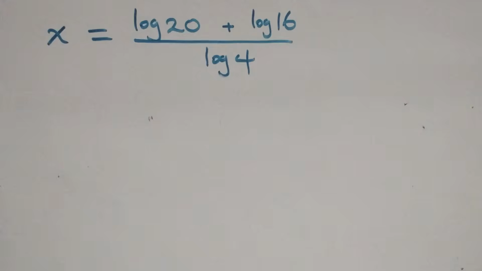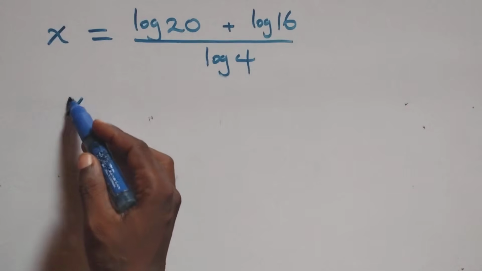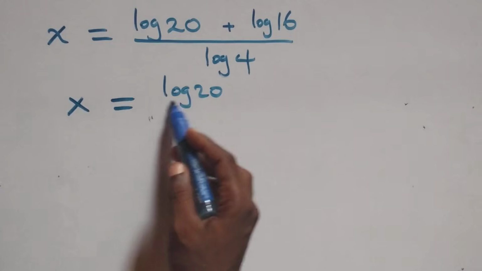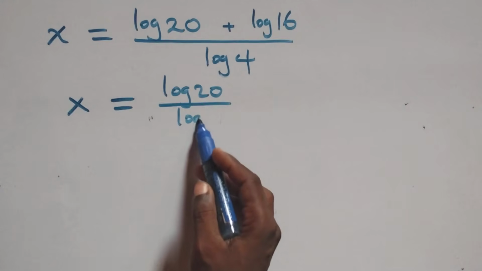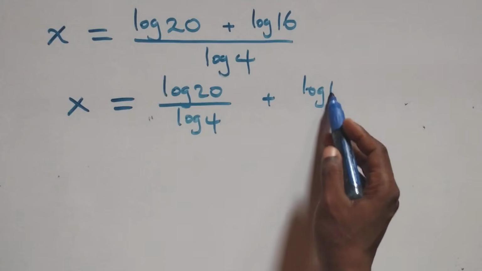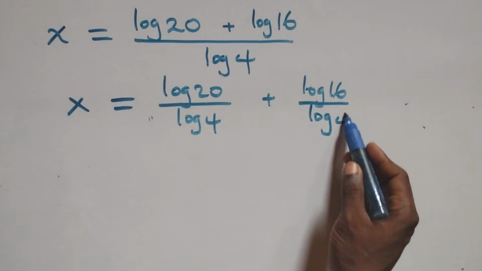Then next step here, we separate this into two fractions and we have x equals log 20 over log 4 plus log 16 over log 4.